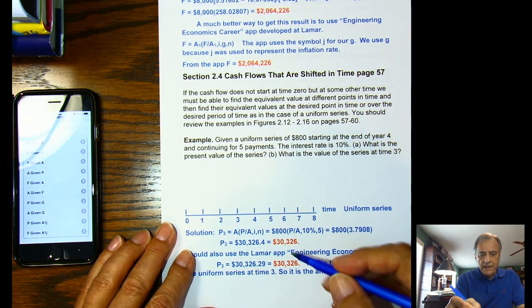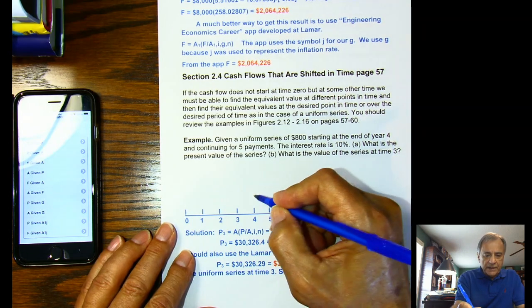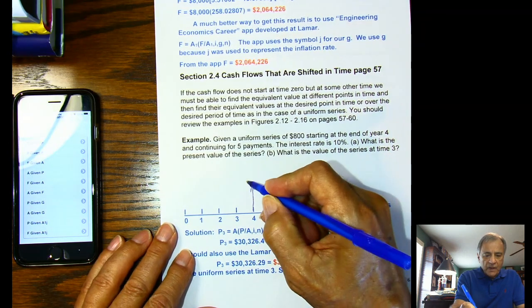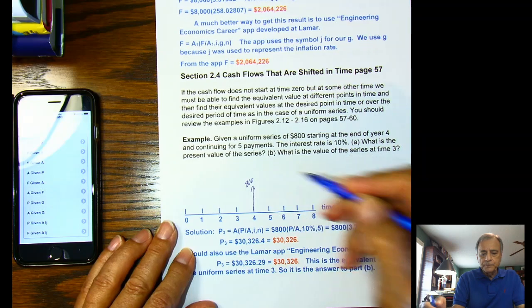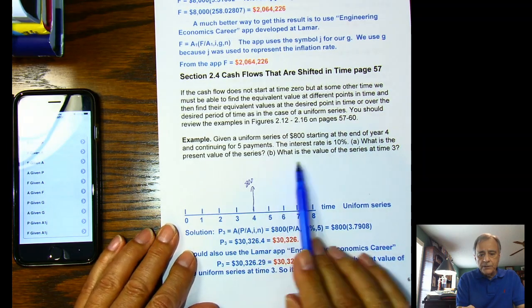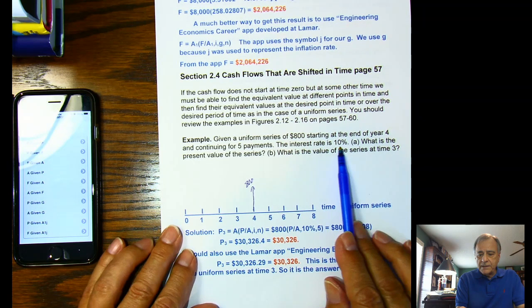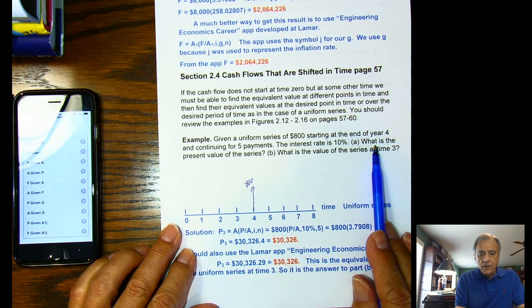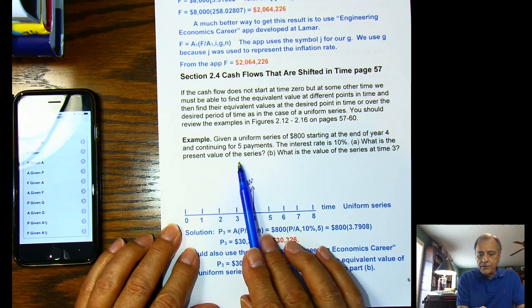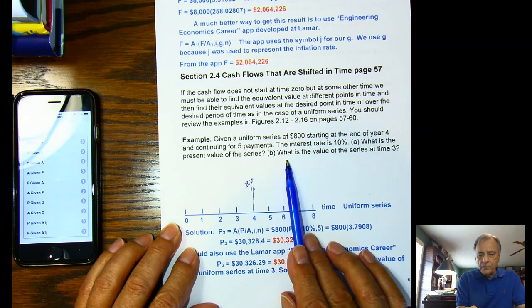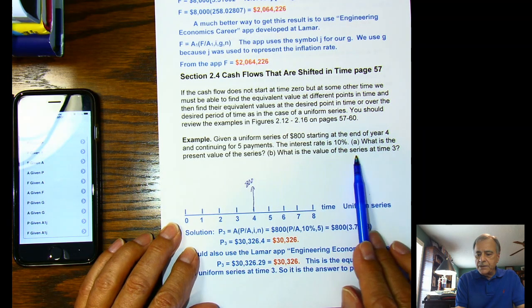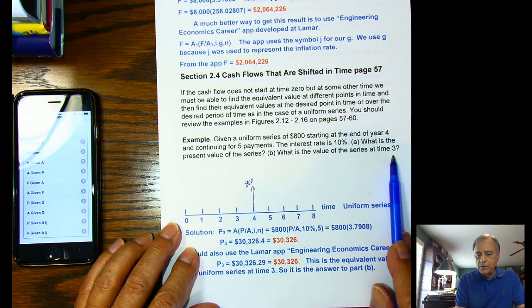So here we have a uniform series starting at 800 at the end of year 4, and it continues for 5 payments. The interest rate is 10%. What is the present value and what is the value of the series at time 3?